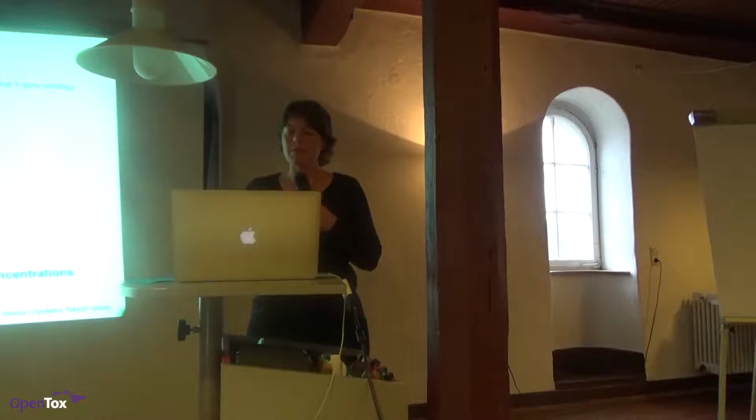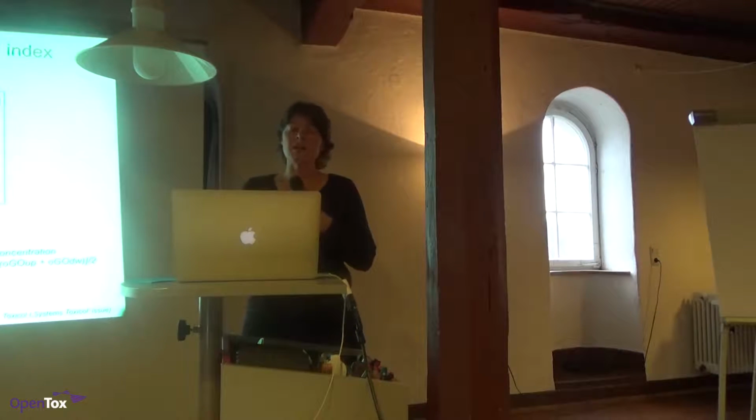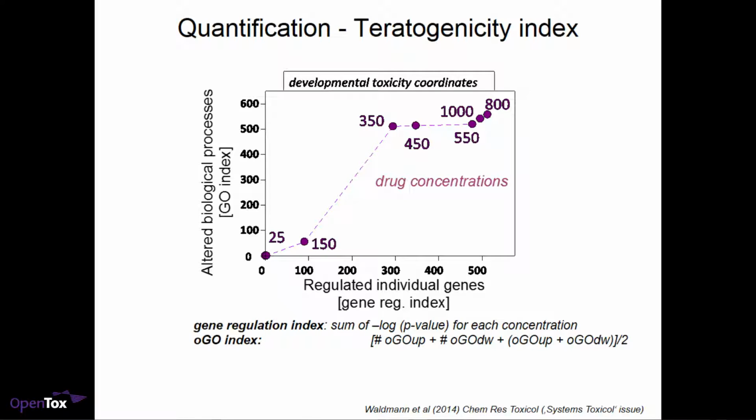But then we thought, okay, maybe we can combine that and come up with a quantification. And this is what we call the Teratogenicity index. We calculated a measure for the regulated genes based on the p-value and a measure for the amount of gene ontologies.